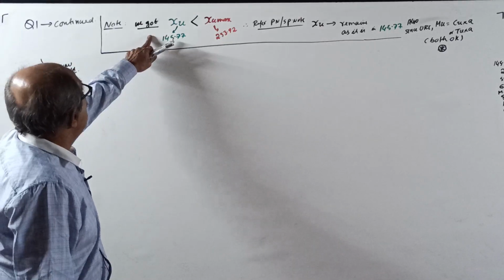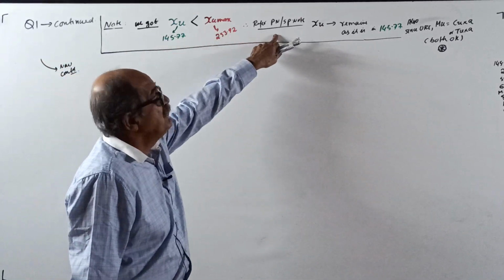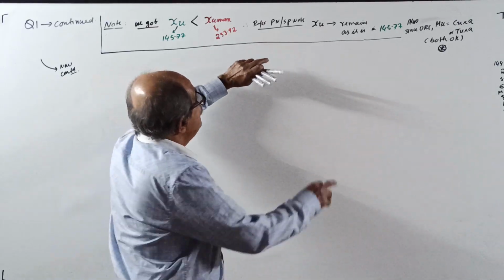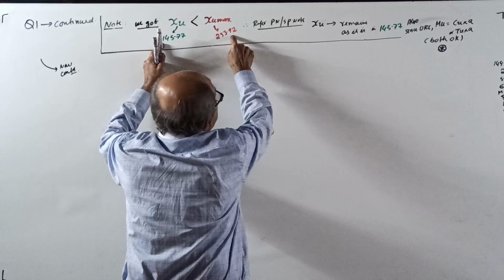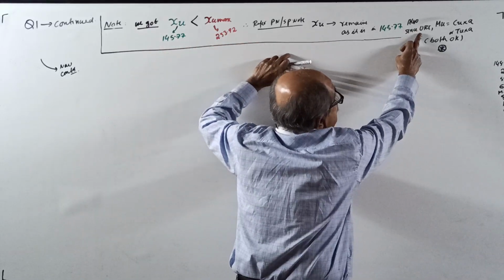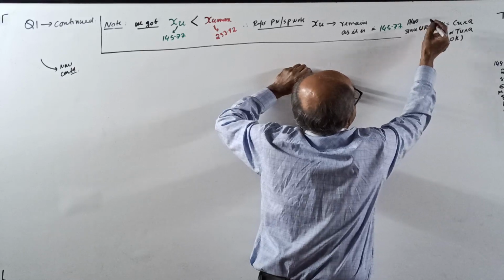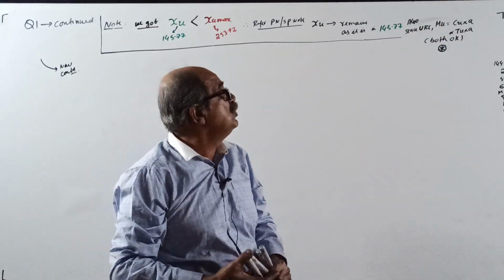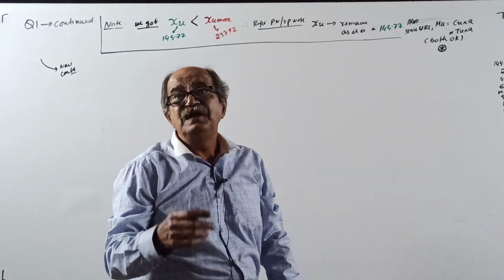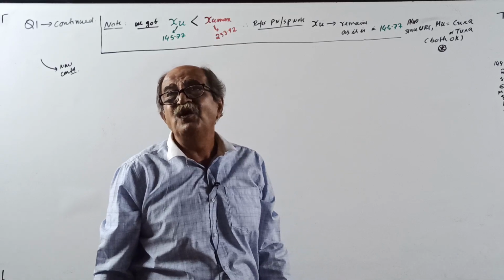So, we got XU less than XU max. Therefore, referring to the note just given, XU remains as it is, that is the same, 145.77. Also, since it is under reinforced, you can use either CU into A or TU into A. Both are okay, but there is a technical reason the working stress method is not allowed.